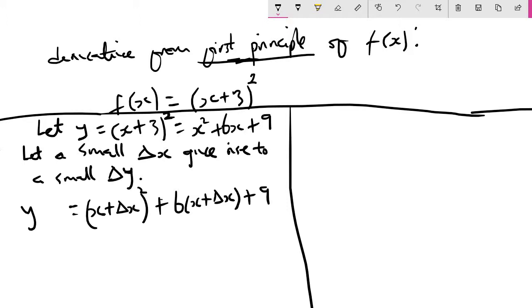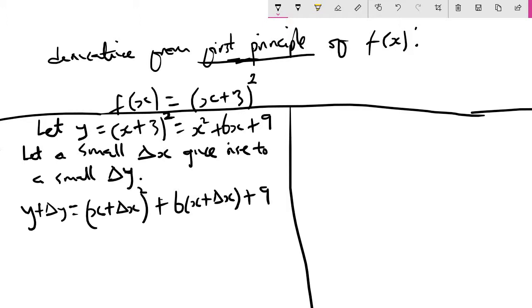Alright? Again, that change in x must give rise to a change in y. So plus change in y here. This is really important. Since we are saying a small change in x will give rise to a small change in y, wherever we find x, we replace it with x plus change in x, and so y also becomes y plus change in y.